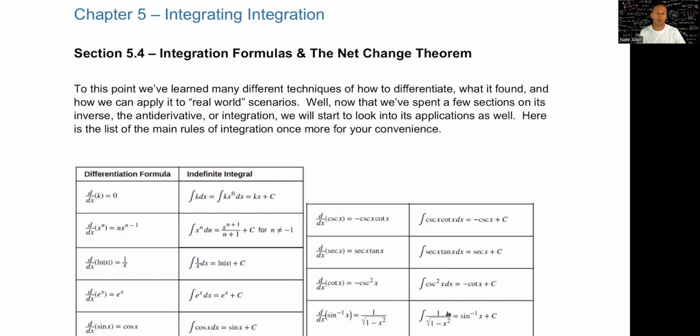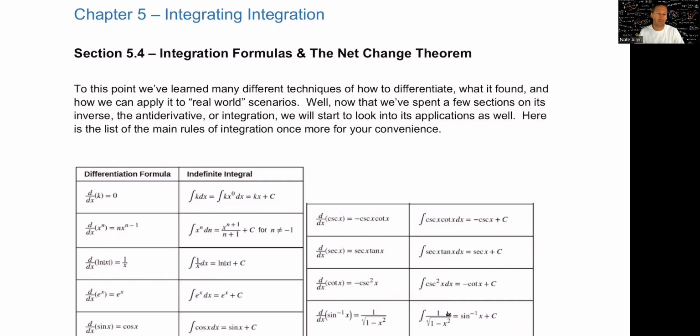5.4 is all about integration formulas and something that we've already kind of discussed, the net change theorem. Now we're going to piggyback off of what we just went over and the fundamental theorem of calculus, knowing that now the derivative and antiderivative are indeed inverses and undo one another.